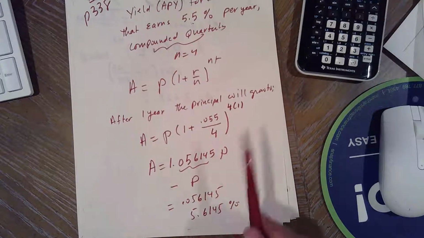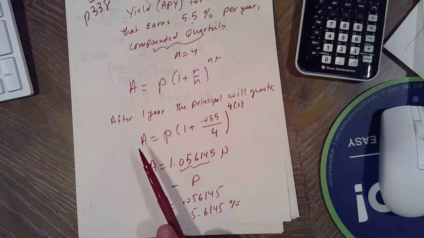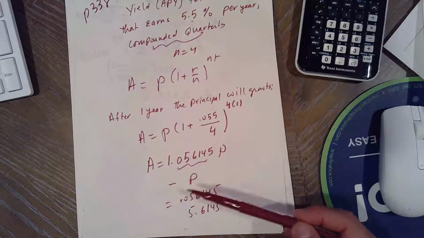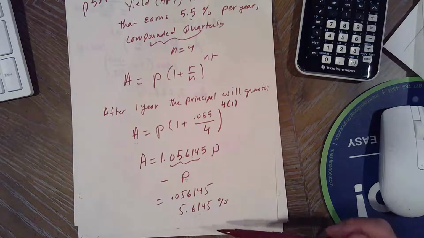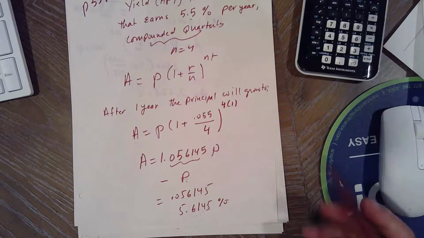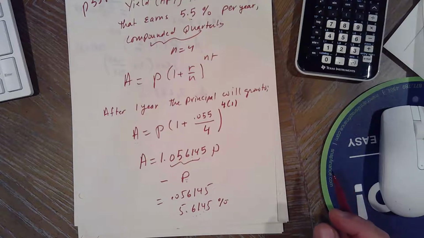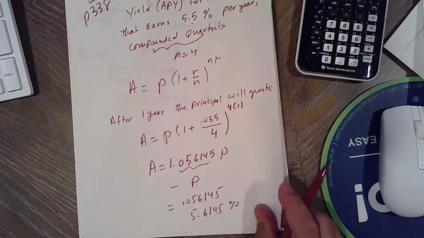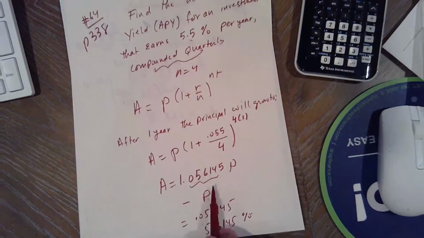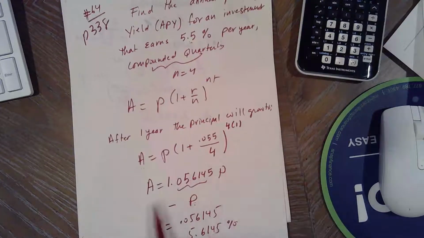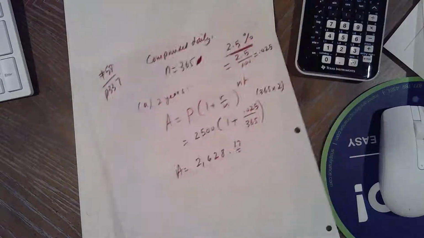Okay, so you figure out how much you're going to have after 1 year, and whatever you get, you subtract P from it, and it's going to give you the annual percentage yield. Okay, that's the easiest way. There's a little bit different way, but this is easier. Whatever you get after figuring out what happens after 1 year, you subtract P from that. It's going to give you the answer.